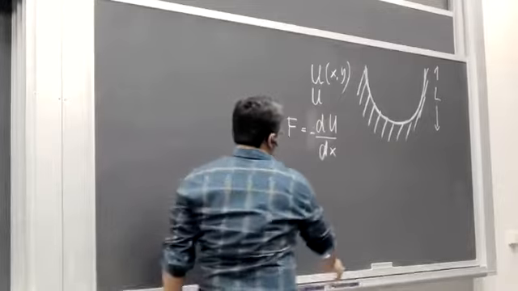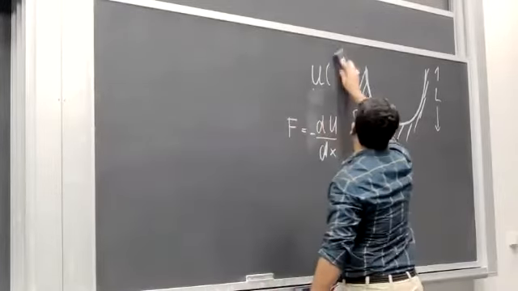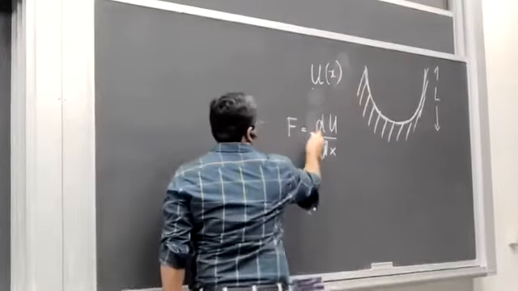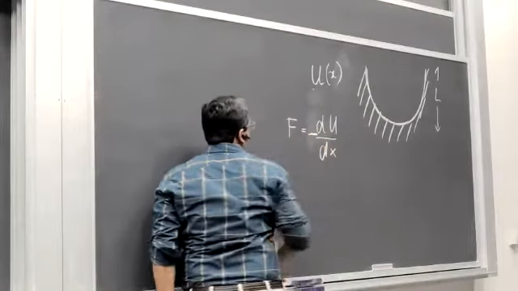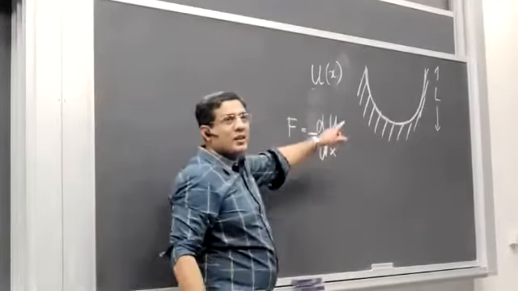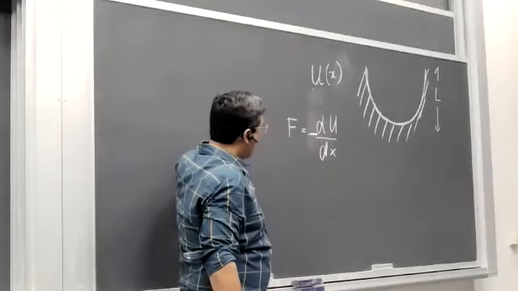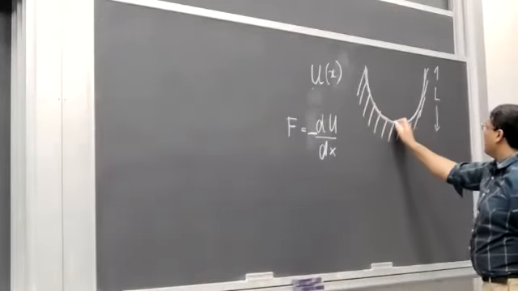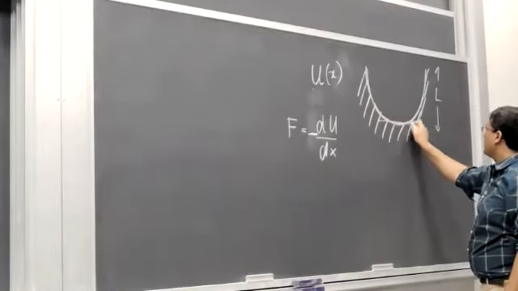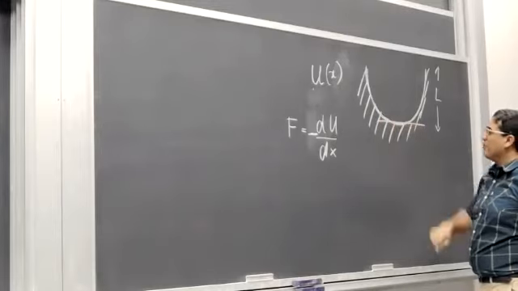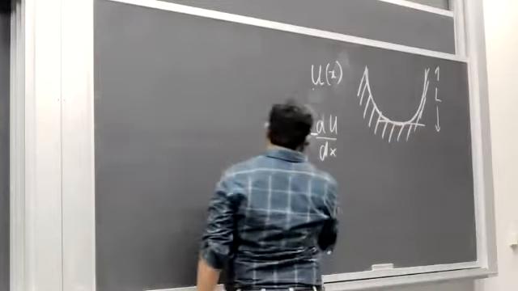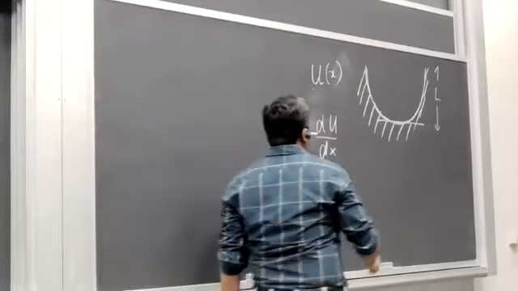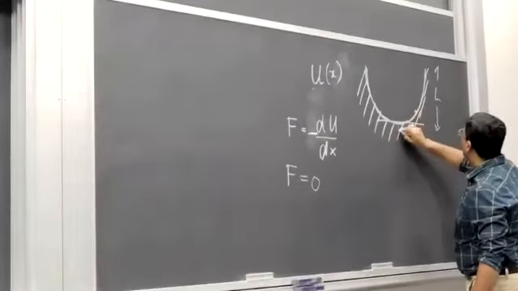You could just write it in one dimension to make things simpler, U of x. Now look at this curve. You have practiced with derivatives. What is the derivative of this curve here? Zero, at the very bottom. So what would be the force then? Zero.